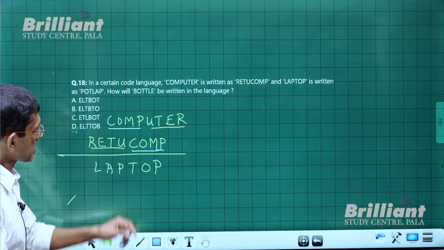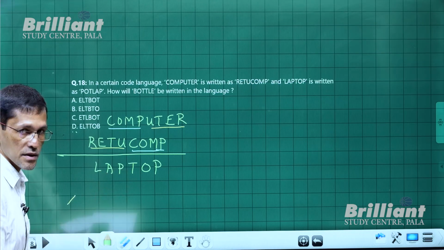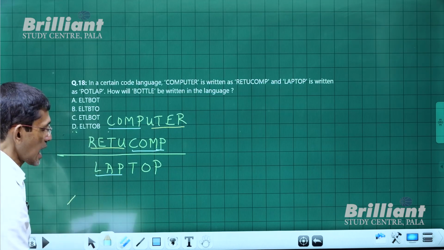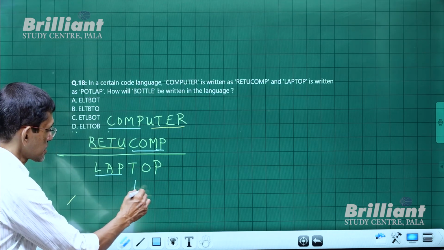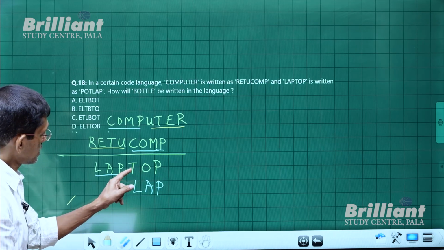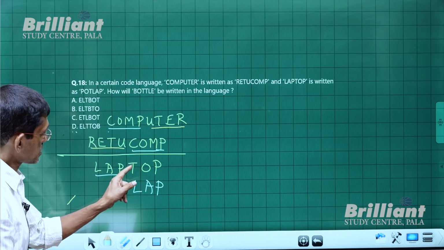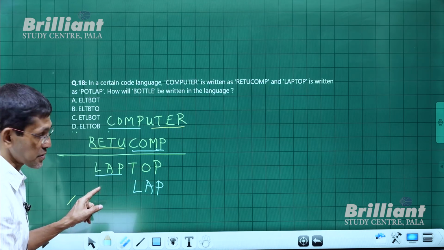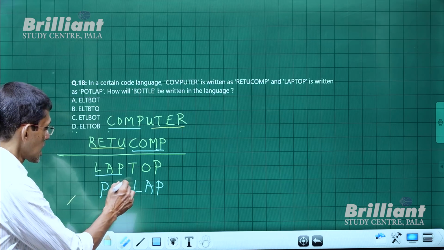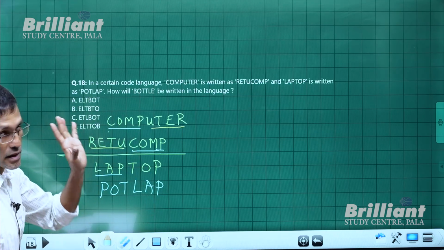According to this pattern, the first half of laptop is lap, and top is reversed and placed at the first position. So top reversed is pot. So pot, lap. Correct.